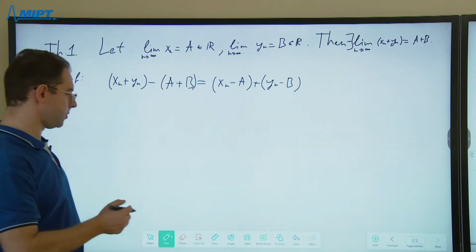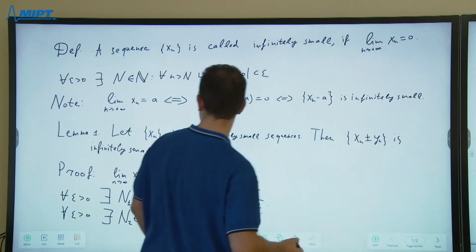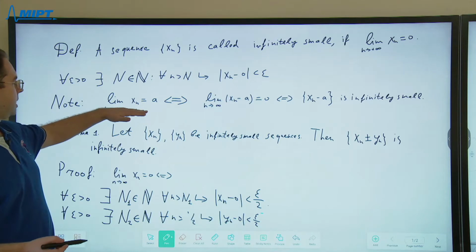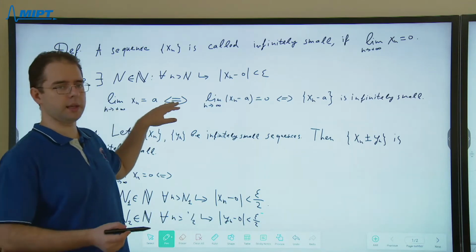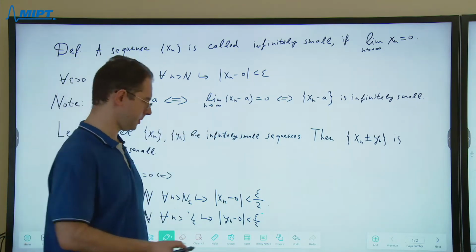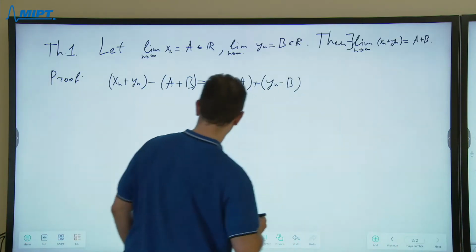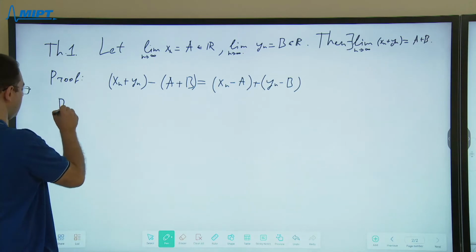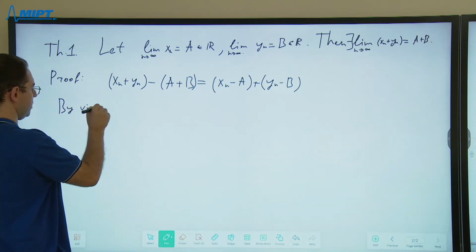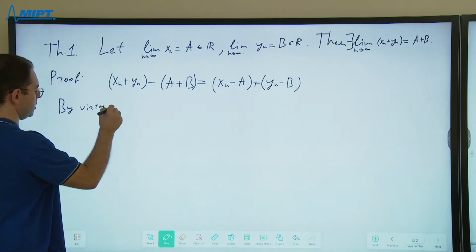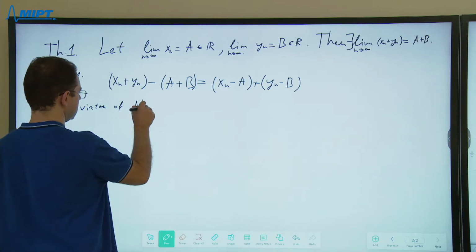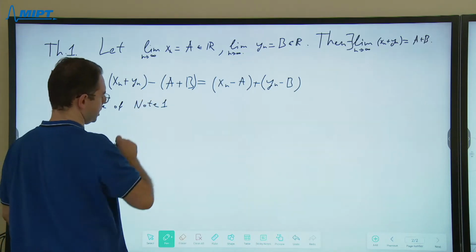By virtue of this note that I wrote over here, the limit of xn being a is the same as xn minus a being infinitely small. Maybe I'll call it note 1.